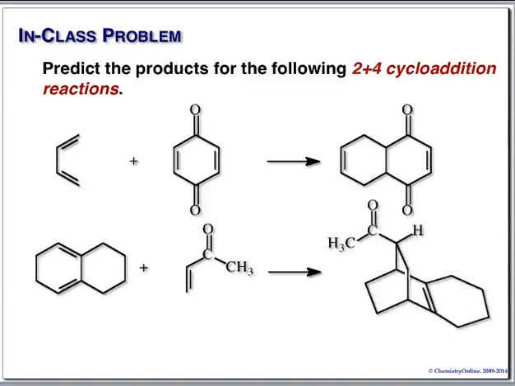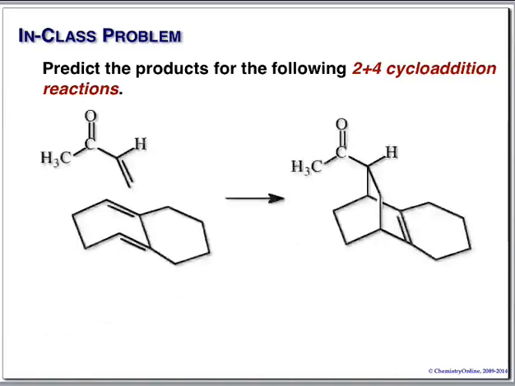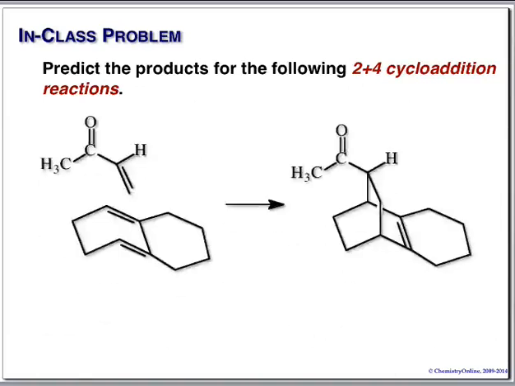Remember, we're reacting with this carbon and this one, and these two. So let's draw them out. Here's our diene. Here's our dienophile. It's going to come sit on top of it, isn't it? And the bonds we make are going to look like that.